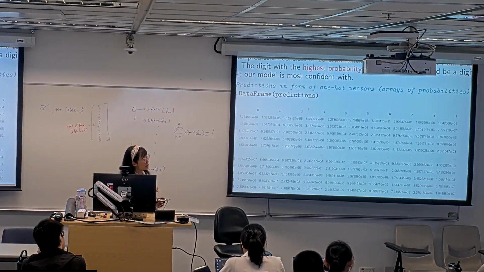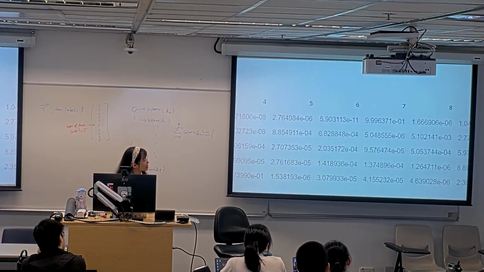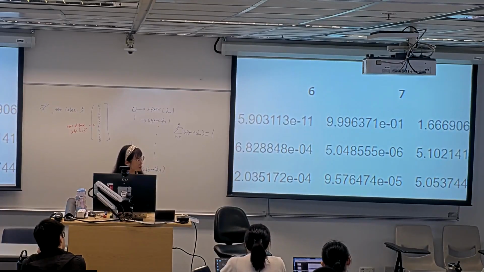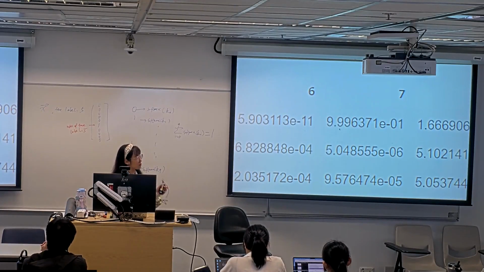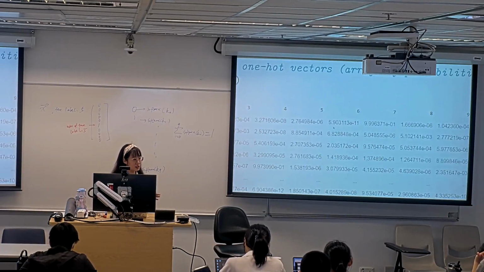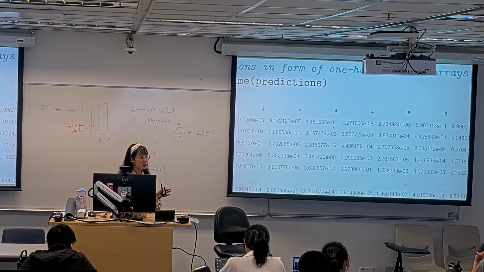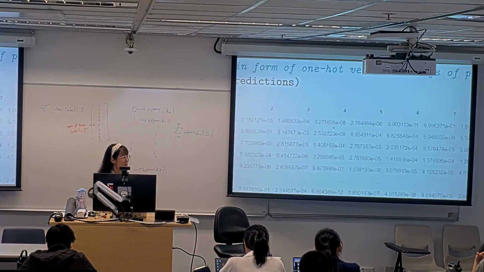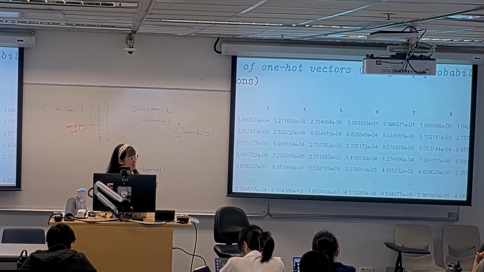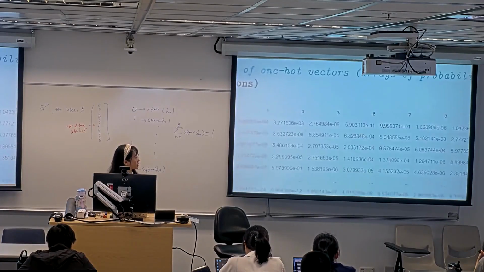Most of the probabilities are very, very small, and only one is quite large. For class 7, it has a probability of 0.9996, but for all other classes the probability is relatively small. That means during the prediction, our model has the highest confidence to assign this data into class 7. Of course, the prediction result should be 7.